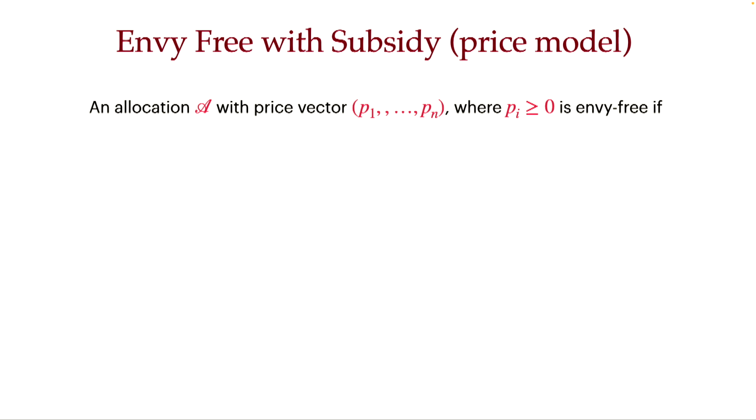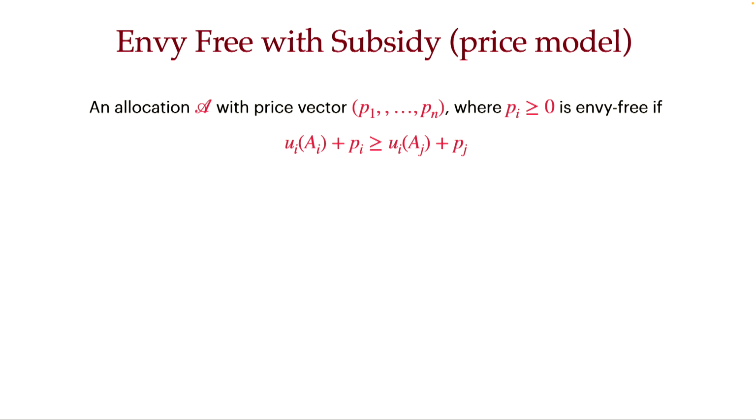And because it's subsidy model, you are not paying anything. You are always paid, or 0. So Pi is greater than or equal to 0. And this is the notion of NV freeness. Values could be 0 as well. Something to note here: the utility you are deriving for your bundle, plus the price that you get, should be greater than or equal to the utility you derive from the jth bundle plus the price paid to the jth person.